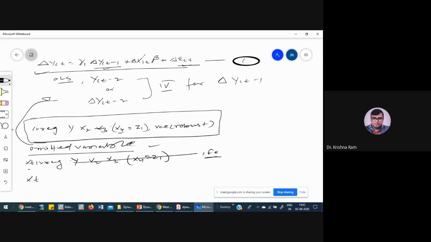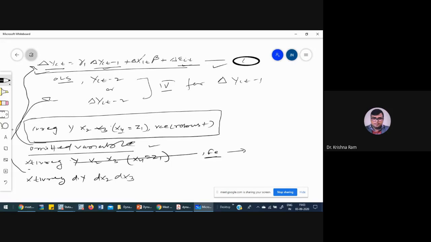In a dynamic case, we do not use the regression in level form. Instead, you use the regression in first difference form. So this one is the first difference regression equation, and accordingly you type here xtivreg. Then y in first difference form, so we type dy. Then all exogenous variables, again in first difference form, so dx2, dx3.